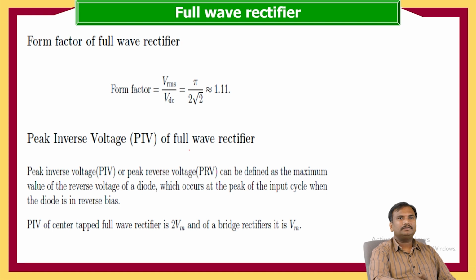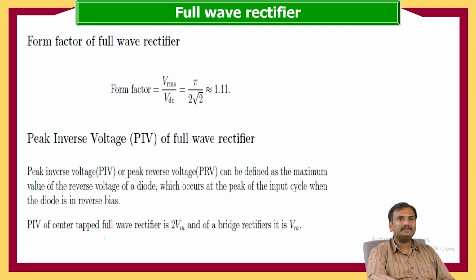And here, peak inverse voltage or peak reverse voltage can be defined as the maximum voltage across a diode which occurs at the peak of the input cycle when the diode is in reverse bias condition.